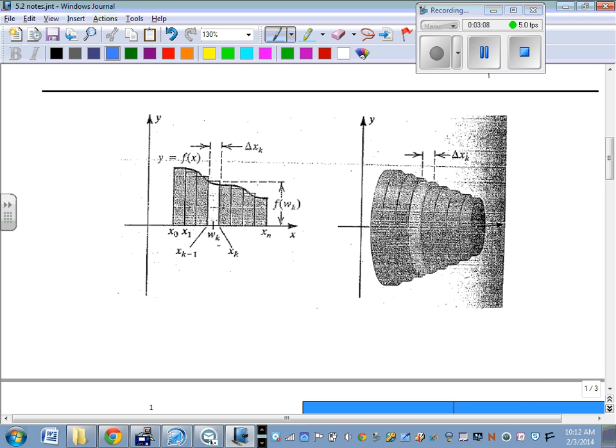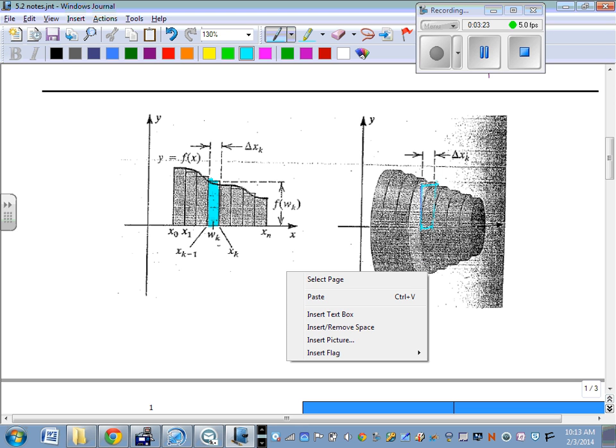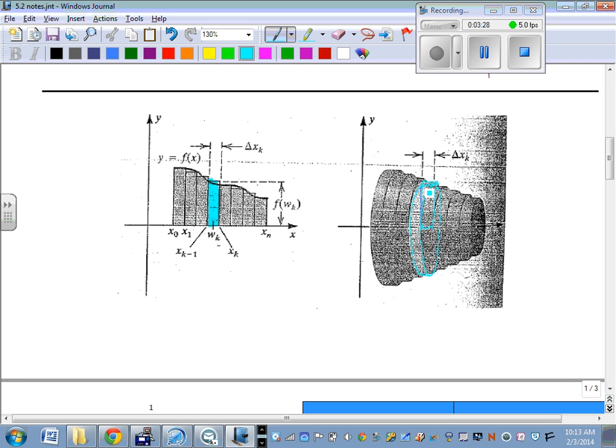So if we focus in on one rectangle here, and we take that one rectangle and spin it around the x-axis, we get a cylinder. In this case, it's kind of a flat cylinder, not very tall, and what we are going to call this cylinder is a disc.